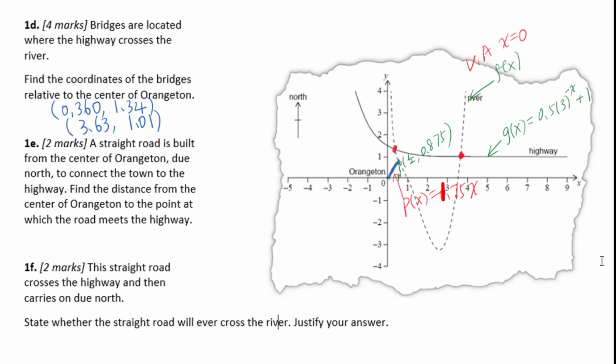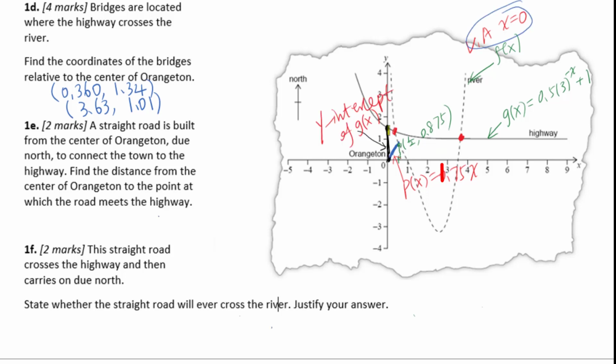Let's go to 1e. A straight road is built from the center of Orrington due north to connect the town to the highway. Find the distance from the center of Orrington to the point at which the road meets the highway.